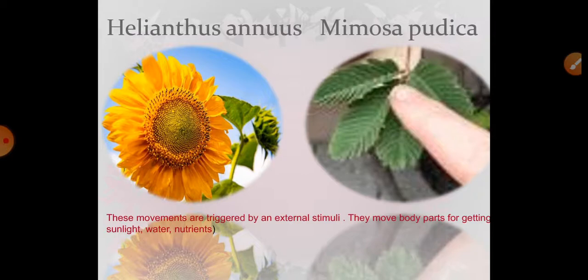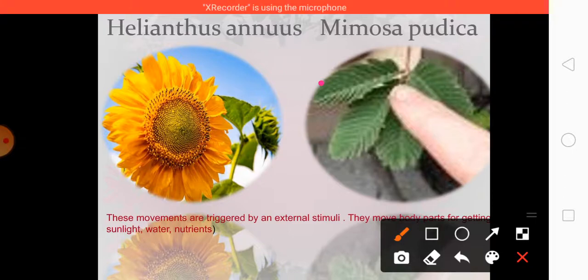Animals move in search of food, shelter, and for reproduction. When we consider plants, do we see such movement in plants? No. Have you observed the leaves of Mimosa pudica, touch me not plant?